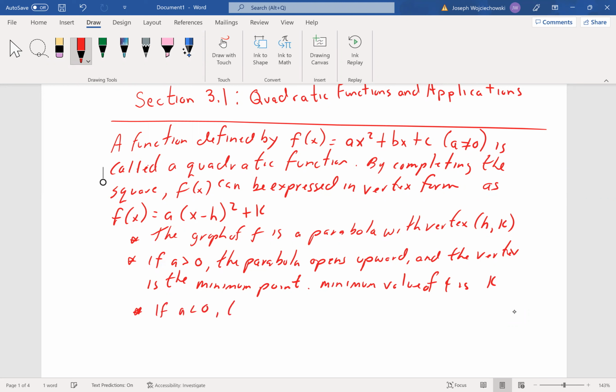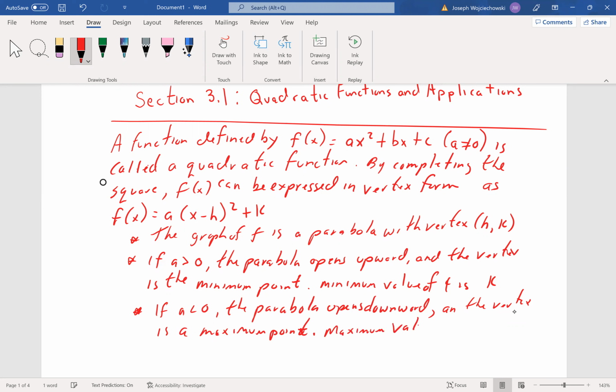If a is less than 0, the parabola opens downward, and the vertex is a maximum point. So the maximum value of f is k here.